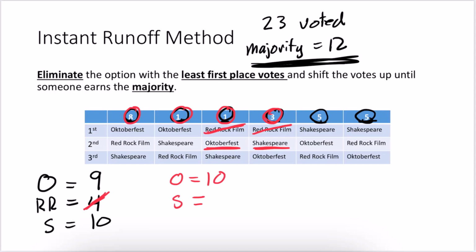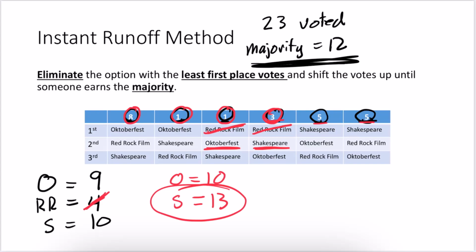And so there's 3 people plus these other 2 groups of 5 people that tell us that there's a total of 13 people who chose Shakespeare as their first place vote. And so that means the Shakespeare Festival would be the winner of the instant runoff method.